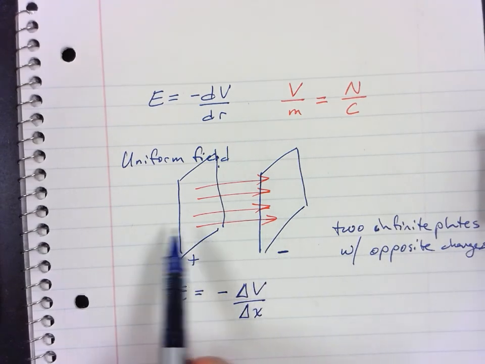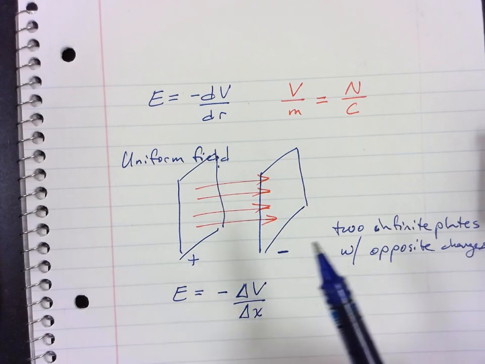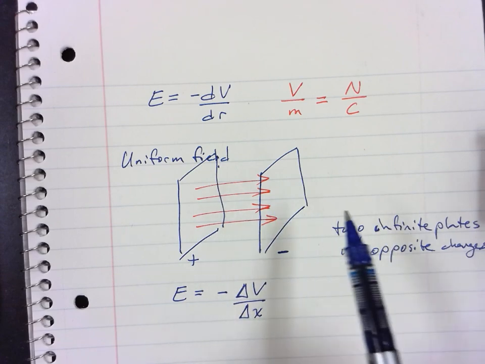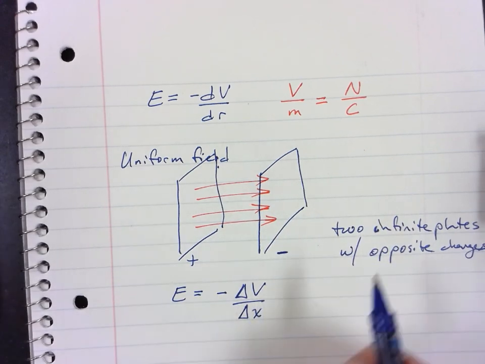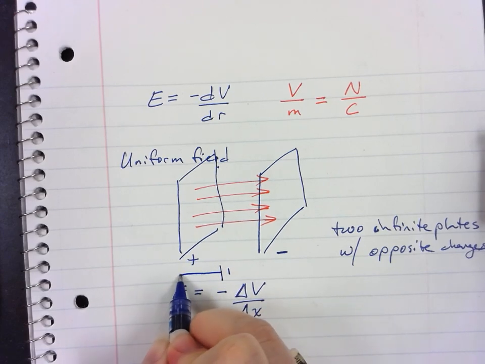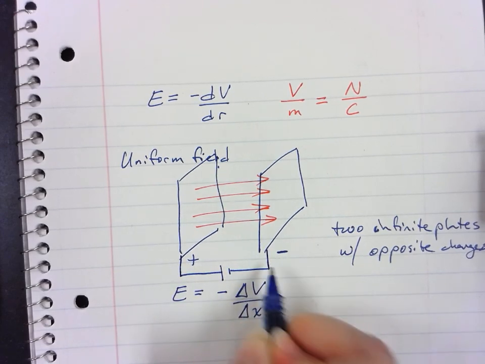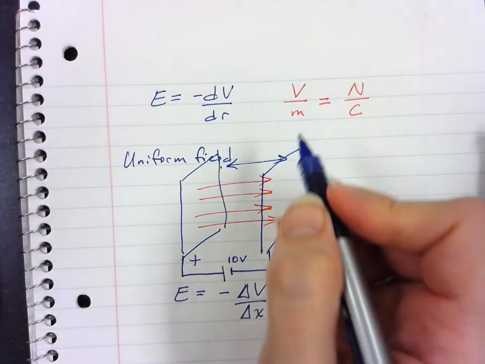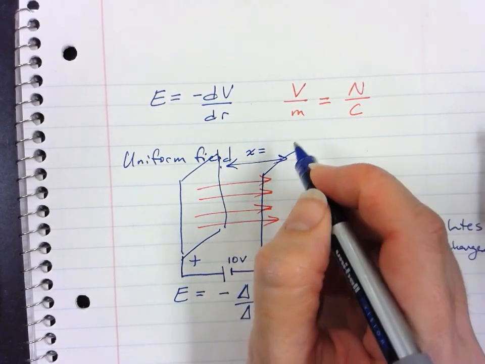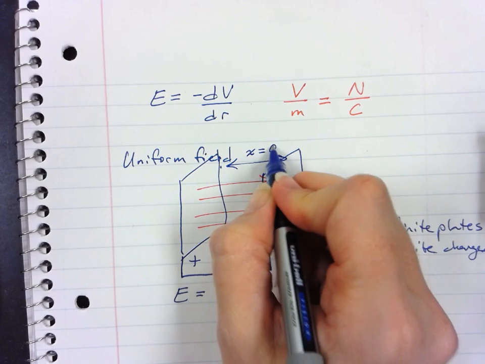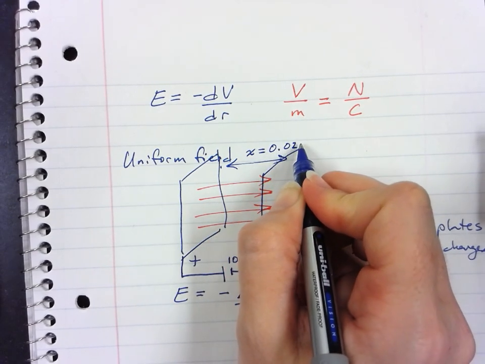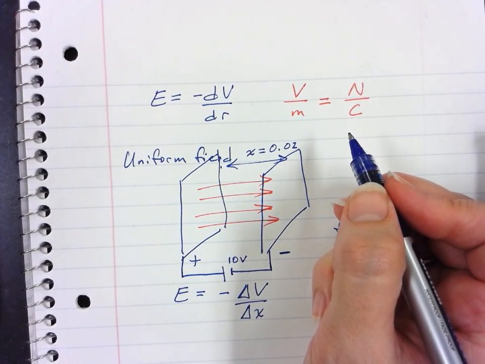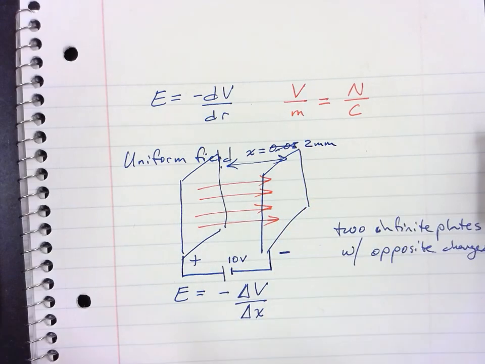The way we actually physically set this up, it would be very difficult to use friction to charge these two plates, but we could attach a battery to it with a potential difference. So if we attach a battery with the positive side to this plate and the negative side to this plate, and we make this a 10-volt battery, then the distance between the plates, which is usually much smaller than is shown here, let's say 2 millimeters.